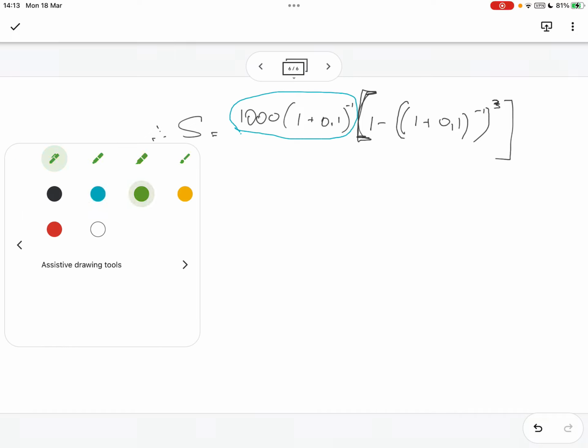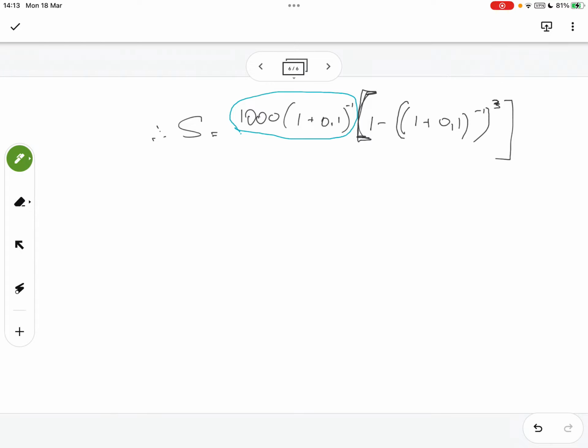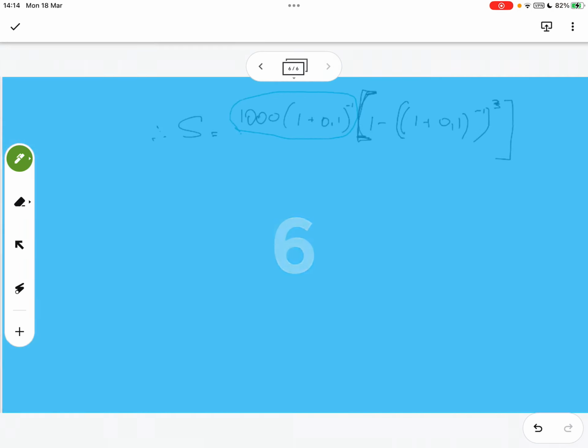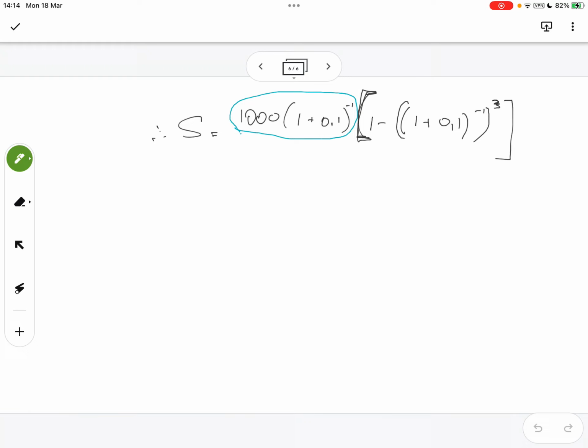That's our a, first term. Yes? The 3 stands for after 3 years. It's for this part here. Remember in the formula, n corresponds to this one. So now when we're substituting it into that formula, it is that part there.